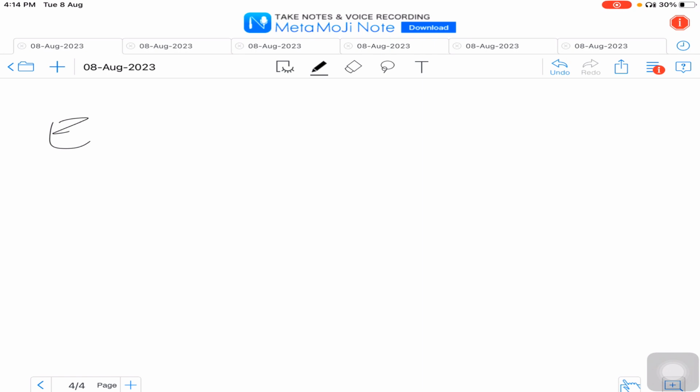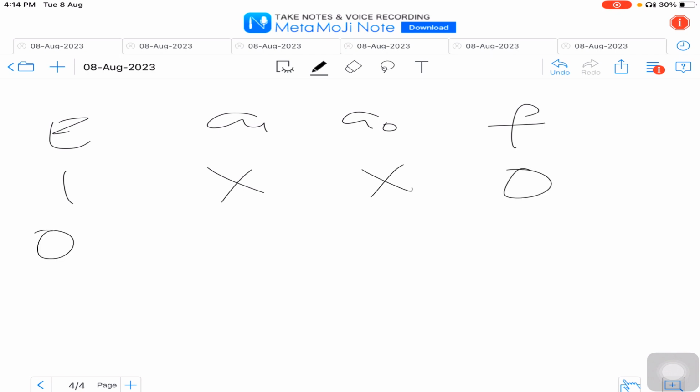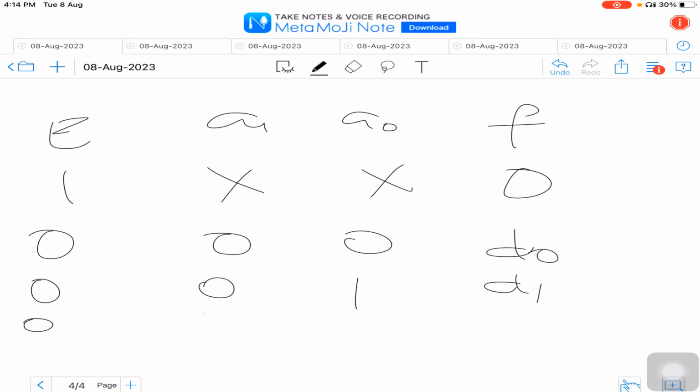The same E, A1, A0. Let us simplify this. Whenever E was 1, F was 0 regardless of the inputs. When E was 0, in the first case, when we took 0 and 0, we got the D0 value only. Next, when we took 0, 1, you got D1, then for 1, 0 it is your D2, then for 1, 1 you will get D3.